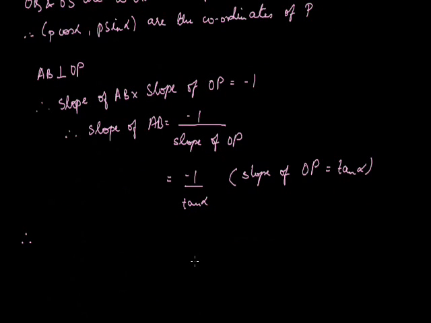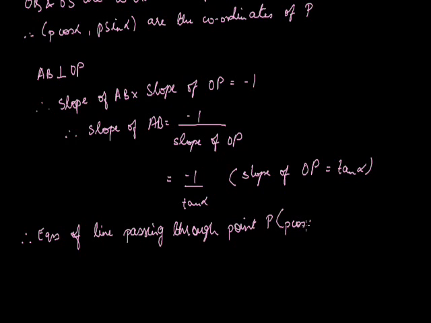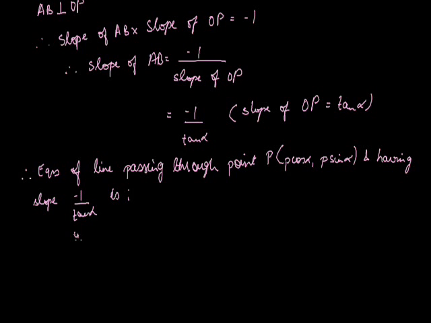So over here I can write that the equation of the line passing through point P, p cos alpha and p sin alpha, and having slope -1 upon tan alpha is y minus y1 is equal to m of x minus x1.